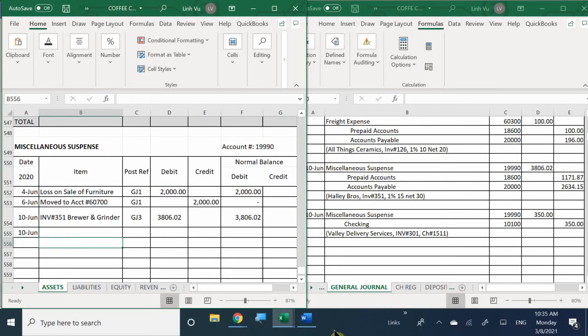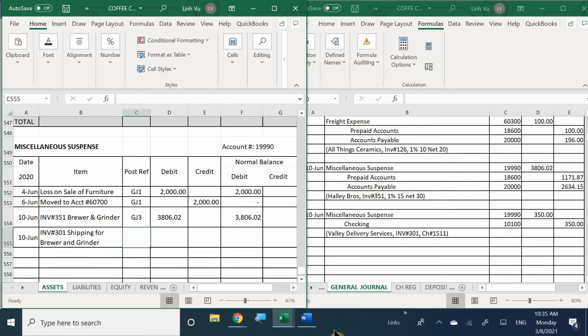Date, we're still on June 10th. And the notes or items here is going to be invoice number 301, shipping for brewer and grinder.